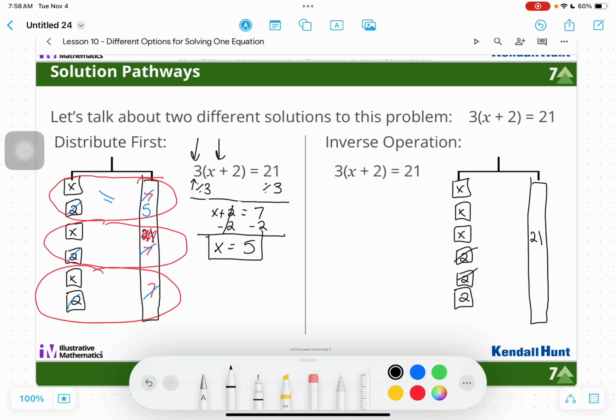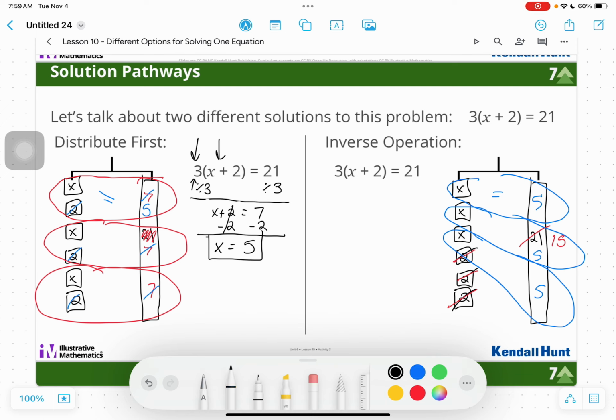I can take off all of my 2's from each side to get 21 minus 6, which is 15. And then I can split my 15 between my 3 x's, which would be 5, 5, and 5. So again, x is 5, same answer.